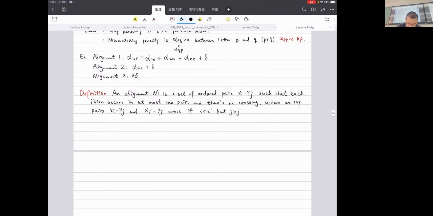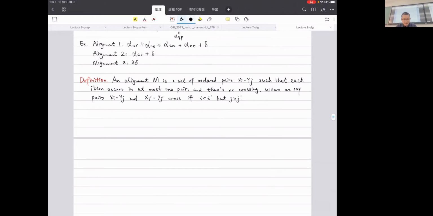Having this kind of formula, we want to be clear about what indexes we are talking about. This is just a formal way to state that there is no crossing here, since we are talking about a sequence alignment problem, sequences from left to right without crossing.